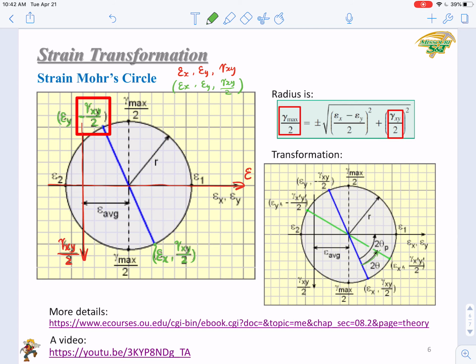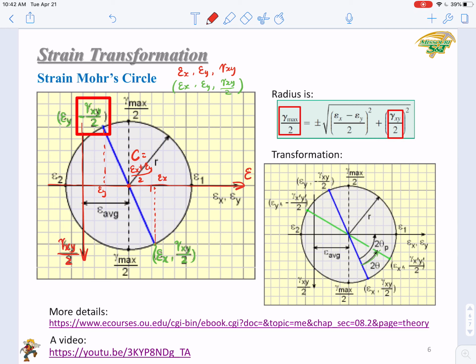Right. So here you can see what the center is. The center would be epsilon x plus epsilon y over 2. So here is your epsilon x, epsilon y. This is the center, C. Then how about the radius?